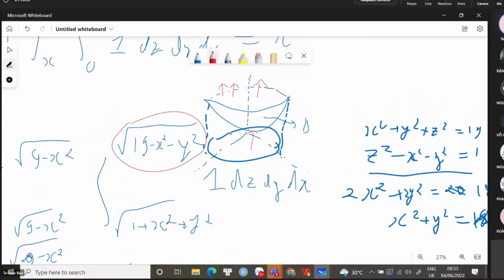Every x and y on this circle, you go from this direction, and then you meet this first and second. Therefore, that's why z is from this to this. Everything is okay?